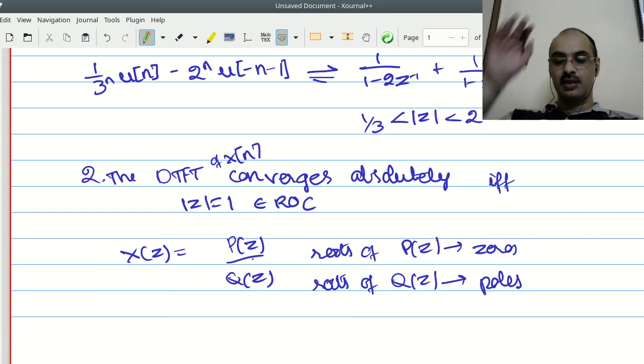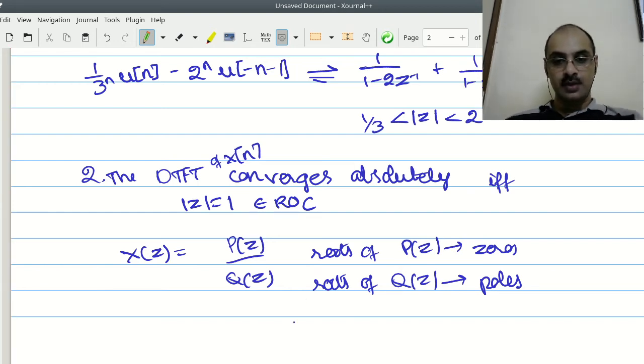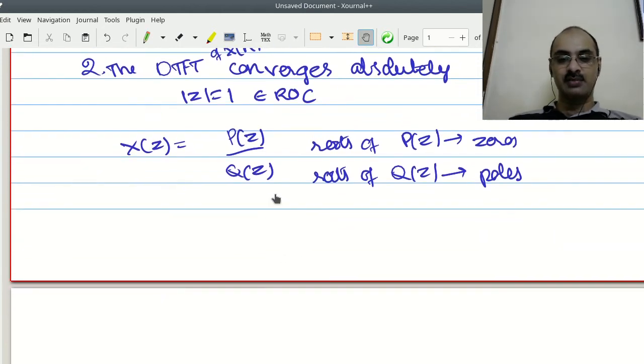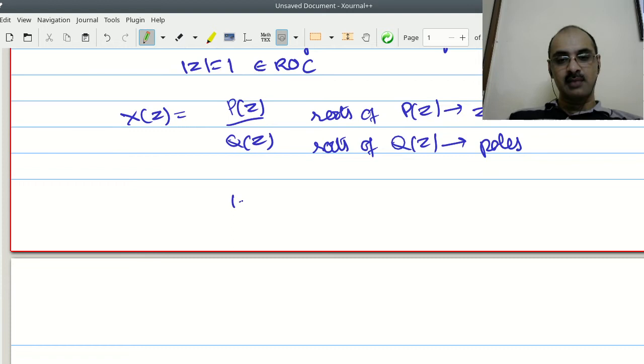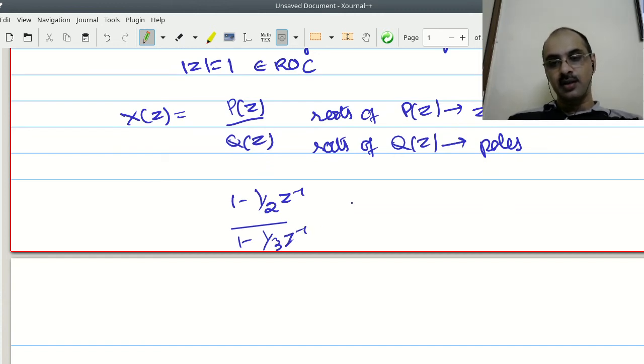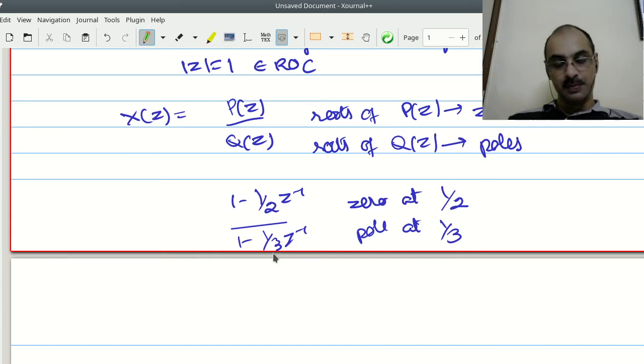For example, with 1 minus half z inverse by 1 minus 1/3 z inverse, we say it has a zero at half, because if you substitute z equal to half, the numerator becomes 0 when the denominator doesn't, and a pole at 1/3, because when you substitute z equal to 1/3, the numerator is a finite non-zero value when the denominator is 0.